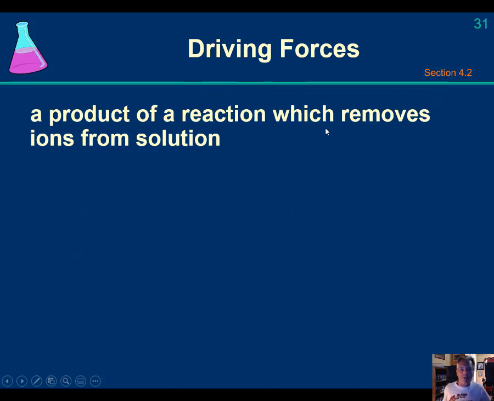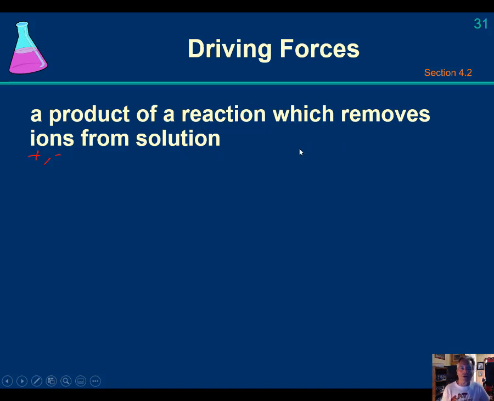First of all, driving forces, it's a product of a reaction which removes ions from solution. You remember ions, these are charged particles. They either have a positive charge or they have a negative charge of some kind. And on the product side of a reaction, the driving force will remove those free ions from solution.